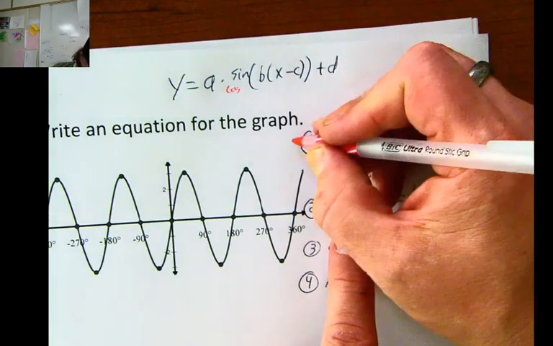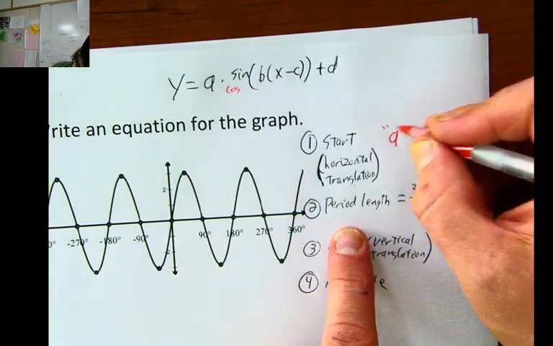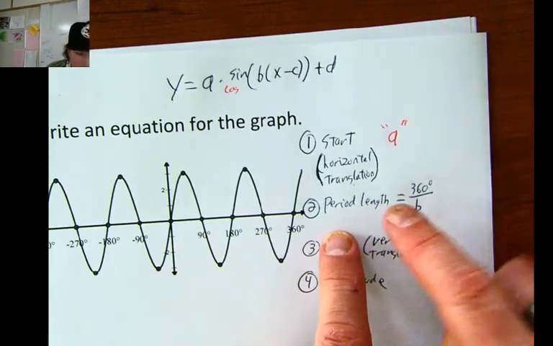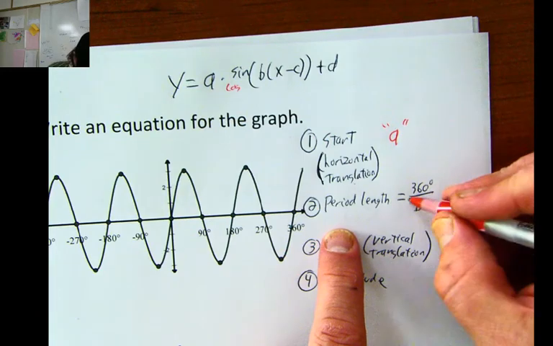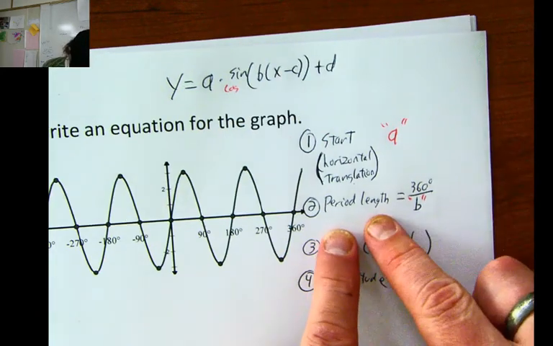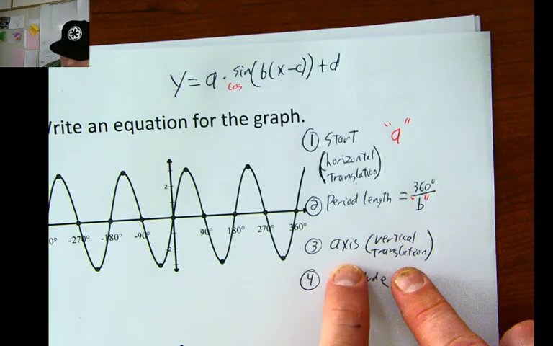This gives you the C portion of the graph. Then the second thing I do is I figure out what the B is of the equation using the period length. Then I figure out where the axis is.